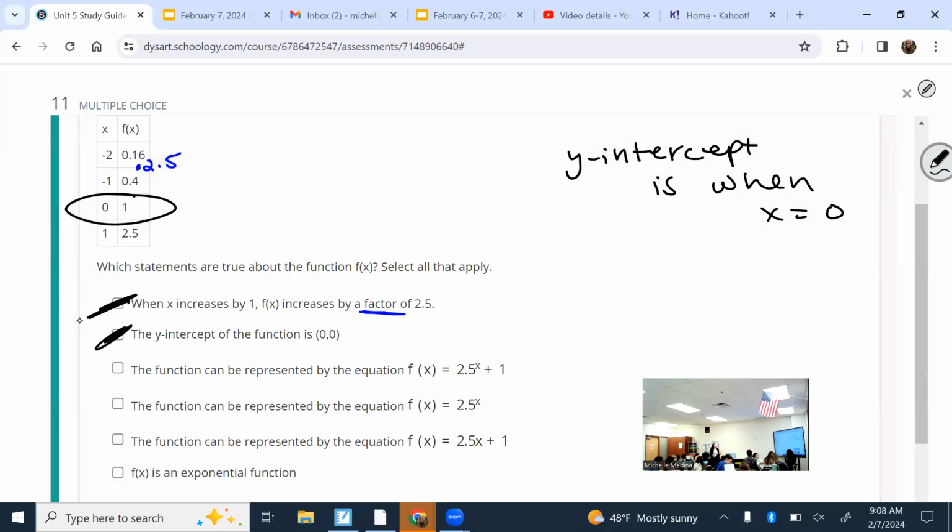That's not my y-intercept. 0, 1. And then we still need to keep checking. The function can be represented by the equation f of x equals 2.5 to the x plus 1. So a way to see if that's true, you could try plugging in these x values into this given equation and see if it gives you these y values. But I'm also looking, the next two also give equations. So let's see which one it could be. Can you tell what the pattern is for this?